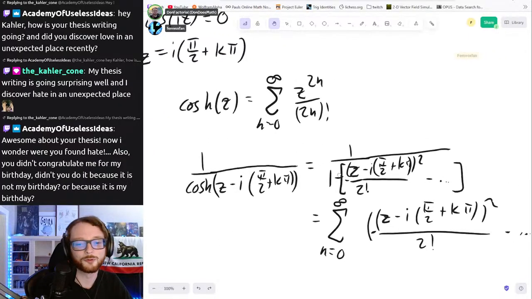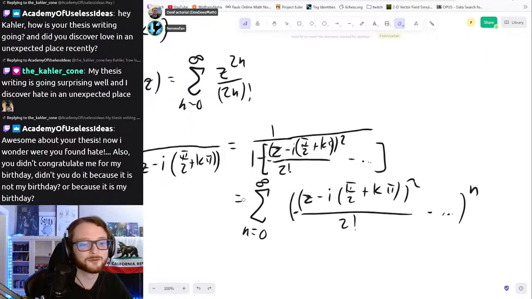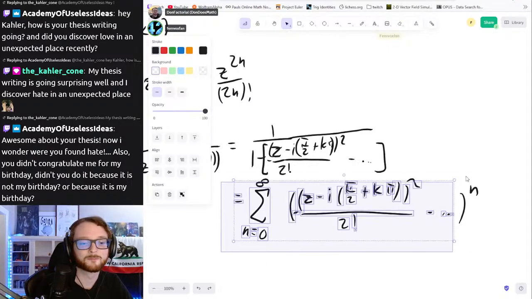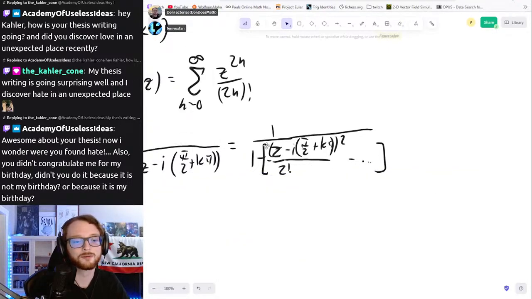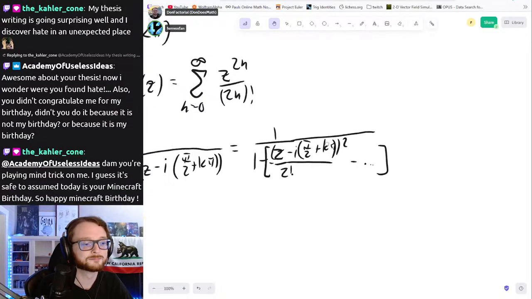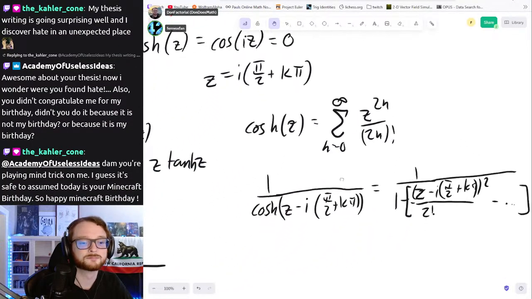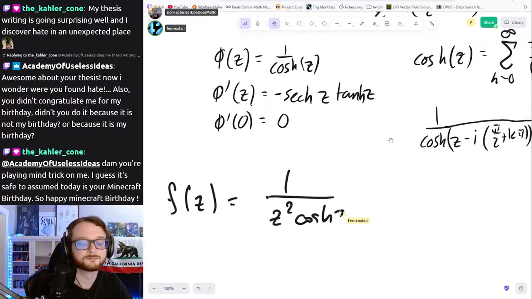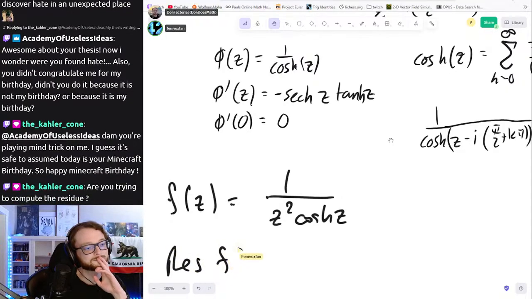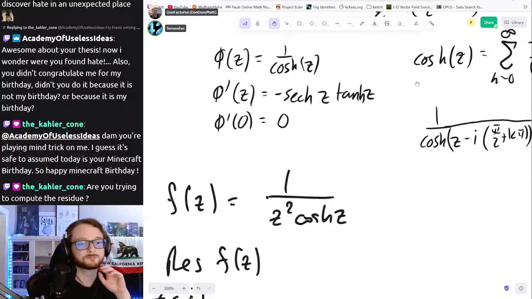Okay, you do it, because I wasn't following. Okay. I'm going to say f of z is 1 over z squared cosh z. I want to find the residue of f of z at z equals i times pi over 2 plus k pi.